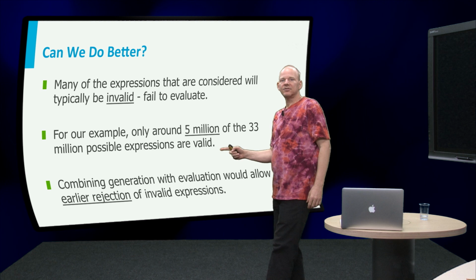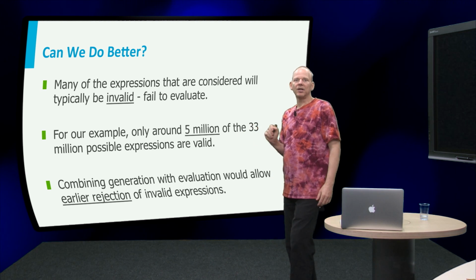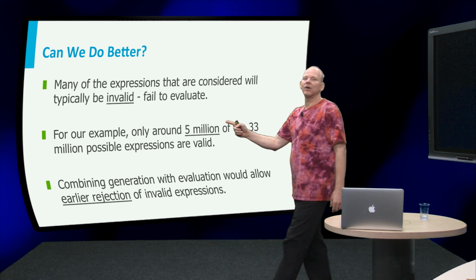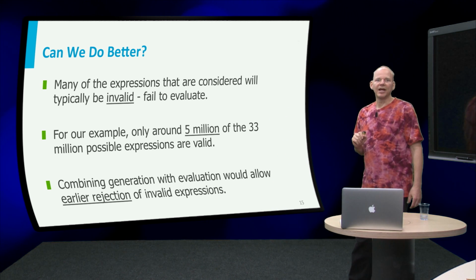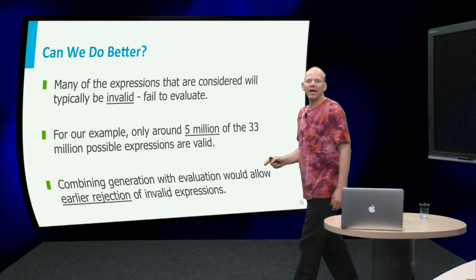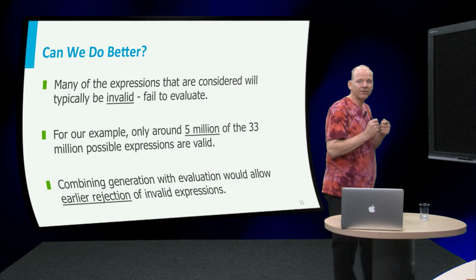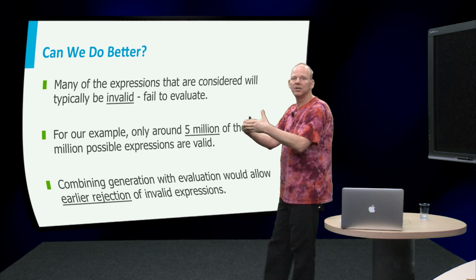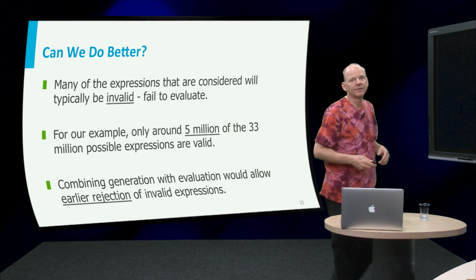Just a back of the envelope calculation here: the possible expressions that we can build are 33 million, and only 5 million of them are actually valid. Then what we will do is combine the generation function with the evaluation function. We will fuse these two to make sure that things are rejected earlier.